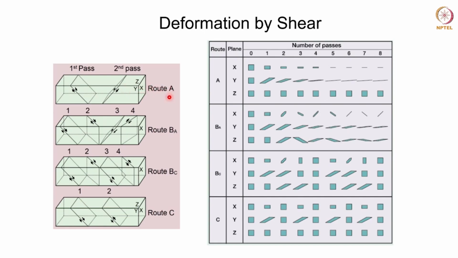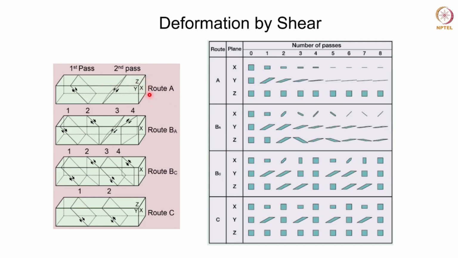Now you select any small element from this billet and see, as we increase the number of passes, how that particular element deforms in these X, Y, and Z planes. So this is the X plane, this is the Y plane, and this top one is the Z plane.